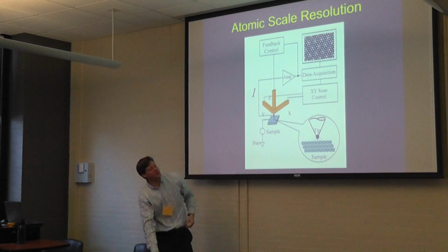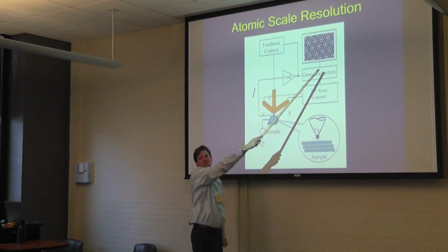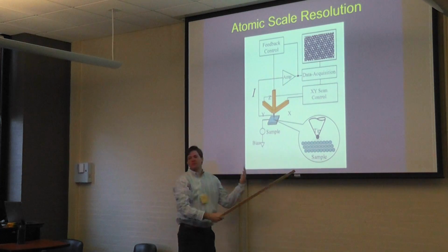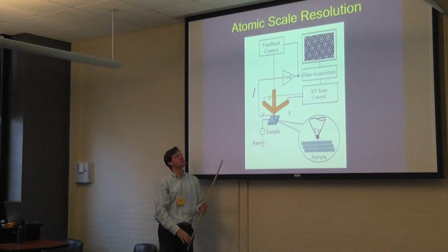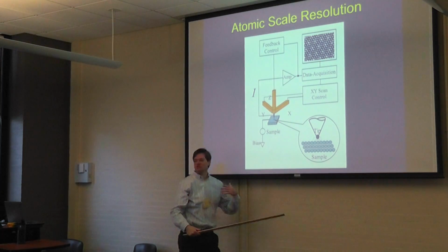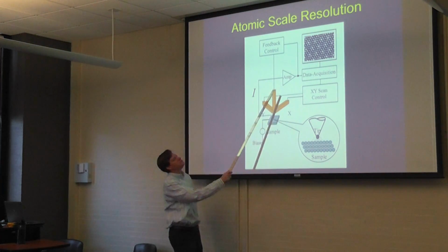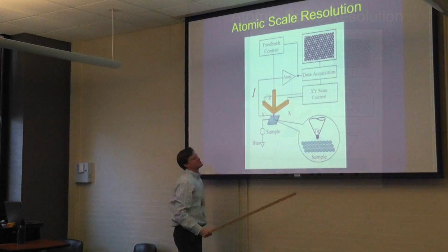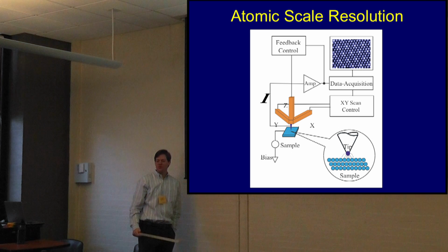This plot up here tells you across your sample how that current varies. A bright region, which represents, for example, an atomic location, has a lot of current flowing, so that's a region of high current. Between the atoms is a dark region, where there's less current flowing. All we're doing is plotting the tunneling current as we scan our tip across the sample, and that tells us where our atoms are. Any questions so far?